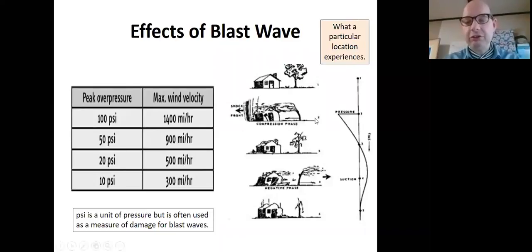At a certain distance, first you have the wind going this way, then the first part of the blast wave passes, and a few seconds later you get a negative wind, which pulls you back toward where the detonation happened. And of course, that causes even more damage.